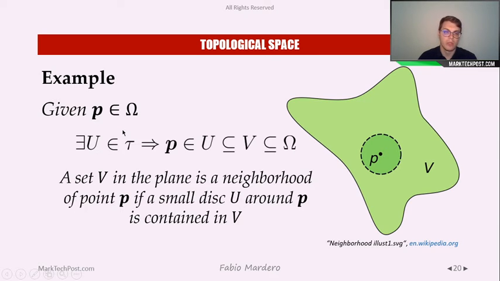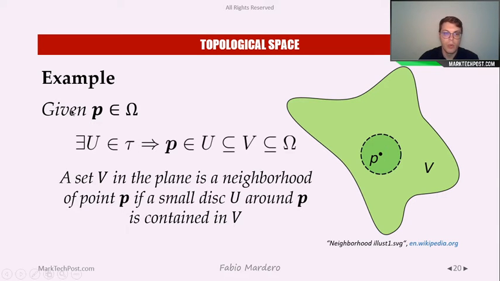And here we will not talk about x but p, the point p. And let's assume that omega is the 2D plane. Looking at the picture here, that's the point P. And we can say that V is a neighborhood of P because we can find a U in the topology. We will see next that we can define a topology on R to the power of 2.